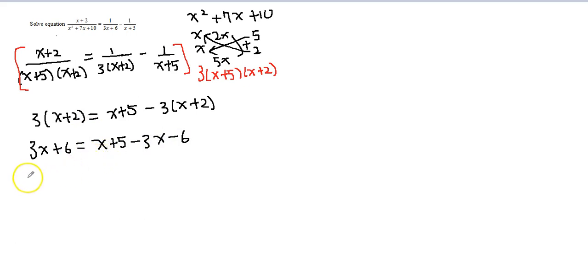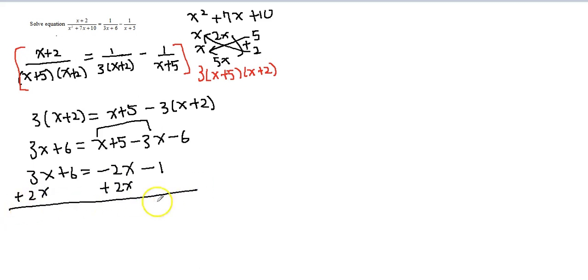I'm going to combine the x terms on the right hand side. So there will be x and minus 3x, so you got minus 2x. Then 5 and minus 6, we get negative 1. Now we're going to isolate the x, so we're going to add 2x on the right hand side and do the same thing on the left hand side. So we have 5x plus 6 equals negative 1.